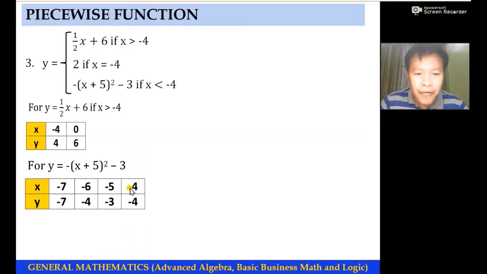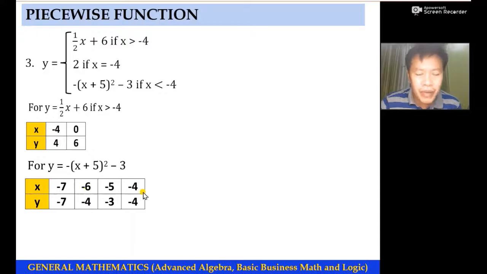Therefore, our negative 4 must be here. Although there is no equal sign here, in assigning the value of x, you are going to always start with this because that will just give you an open circle by and by. Take note, this is less than, therefore, the values of x must be arranged going to the left.